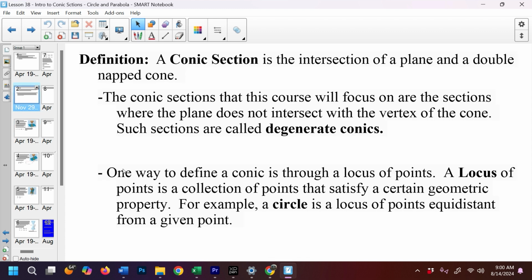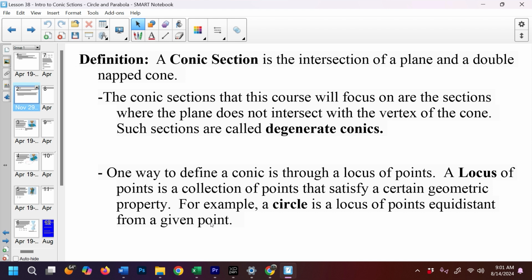Another way that we can define a conic section is through a locus of points. A locus of points is just a collection of points that satisfy a certain geometric property. As an example, a circle is just a locus of points equidistant from a given point. The way you can think of that is if you go back to geometry, you have a compass. You set a distance on the compass.